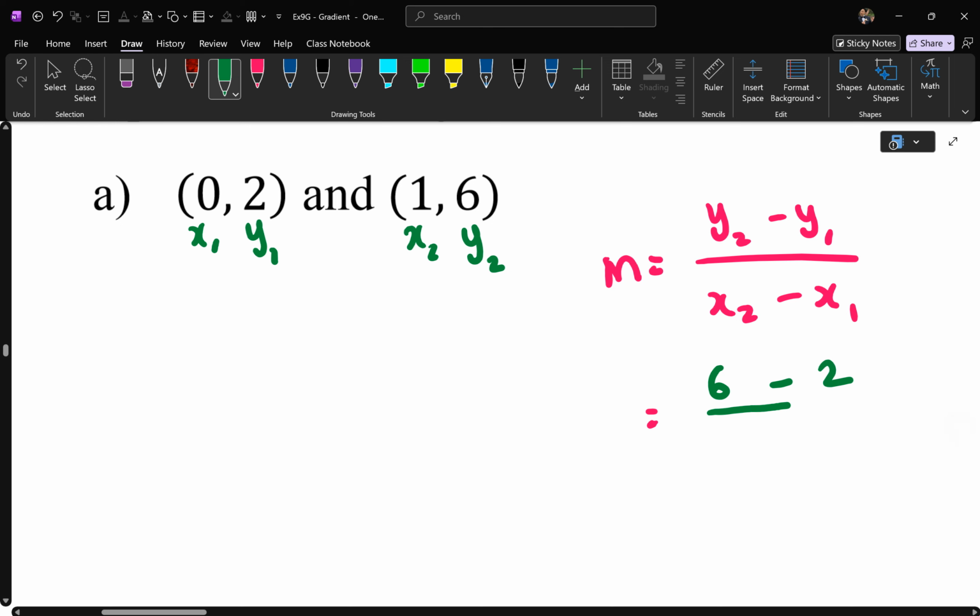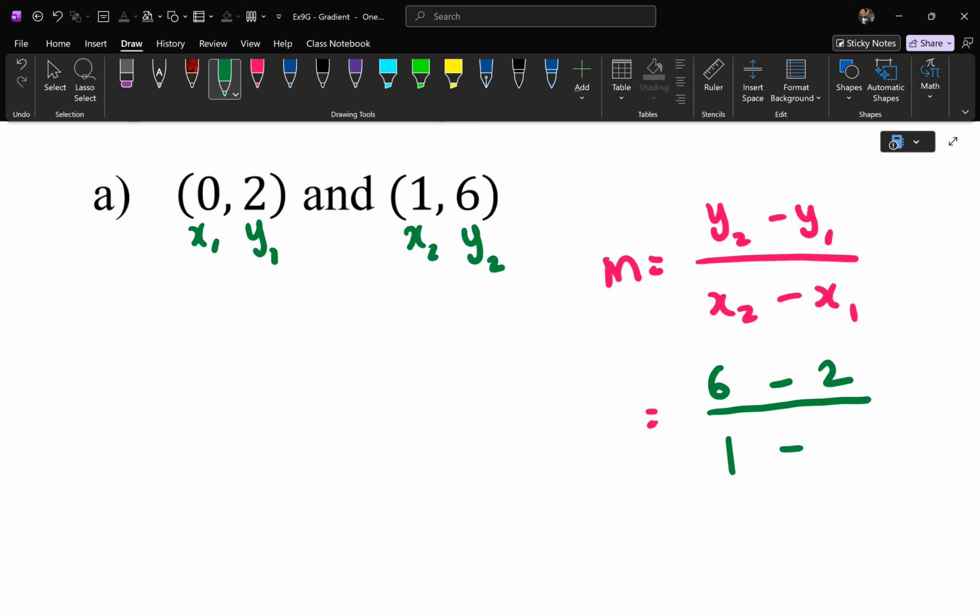Divided by, which one's my x2? 1. And then minus x1. Which one's my x1? 0. Yeah. Copy the notes. Make sure to copy the notes. Just follow the formula. Here we go.